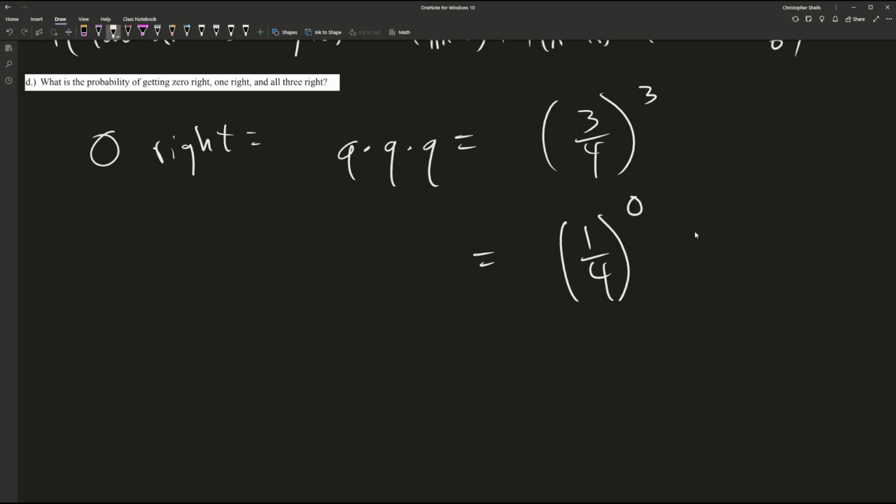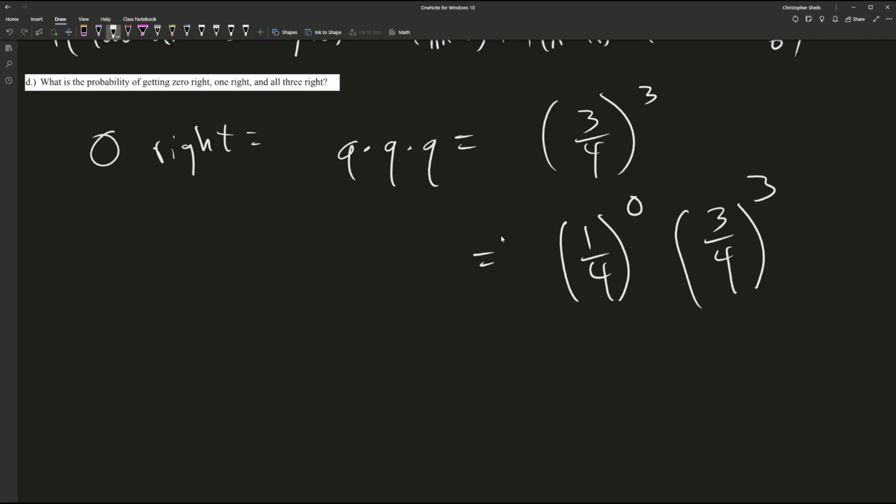This is P to the 0th times 3/4 cubed. And this works because anything to the 0th power is 1. So this is the same thing as multiplying 3/4 cubed times 1. The reason why we're writing it like this is going to be important momentarily.